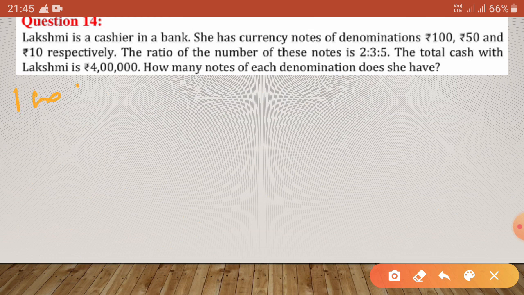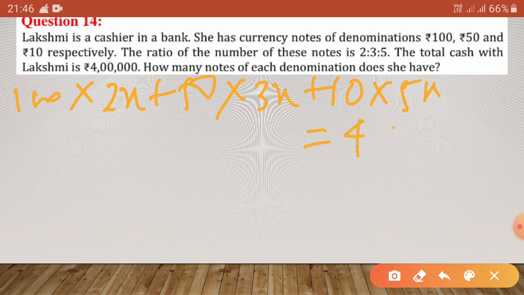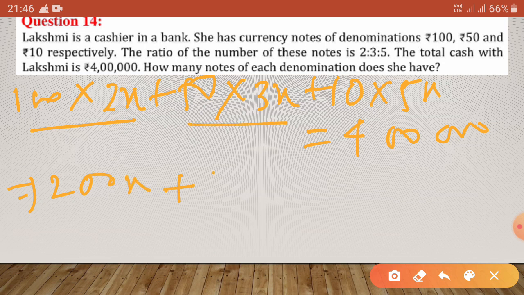So here the equation is 100 into 2x plus 50 into 3x plus 10 into 5x equal to 4 lakh. So this gives us 200x plus 150x, because 50 into 3x is 150x, plus 10 into 5x, that means 50x, equals 4 lakh.